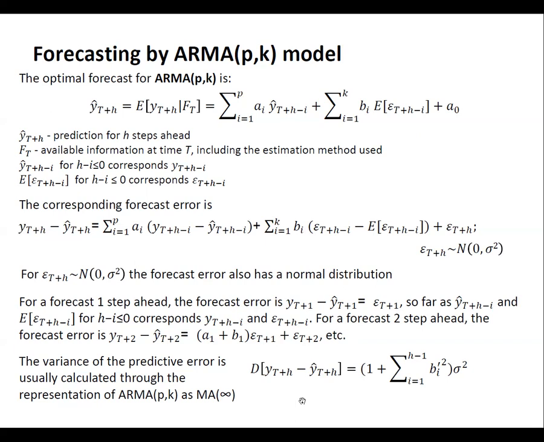Therefore, the variance of the predictive error for the ARMA process in programs is calculated through the representation of the ARMA process in the form of moving average with infinity. And then the variance of the predictive error is calculated according to the formula of MA with infinity, only with the coefficients obtained as a result of representing the ARMA model in the form of MA with infinity.